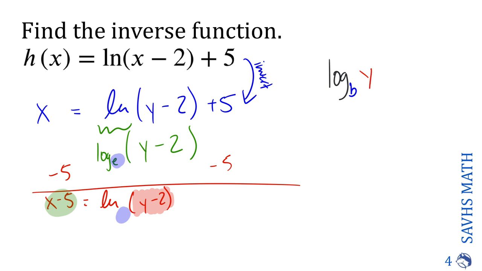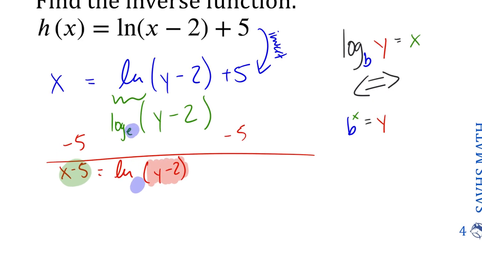Log base b of y equals x, and we are going to rewrite it as b to the x equals y. Okay, and so what I'm going to rewrite is e to the x minus 5 equals y minus 2.